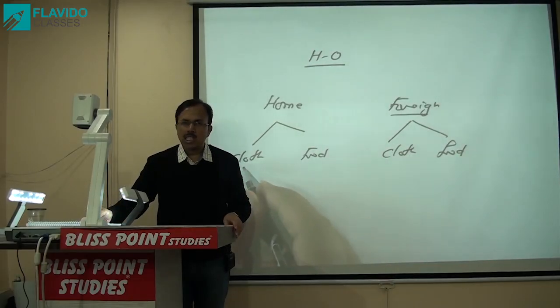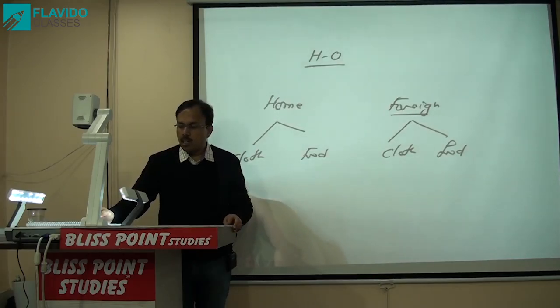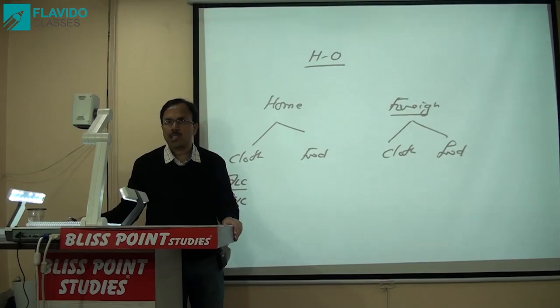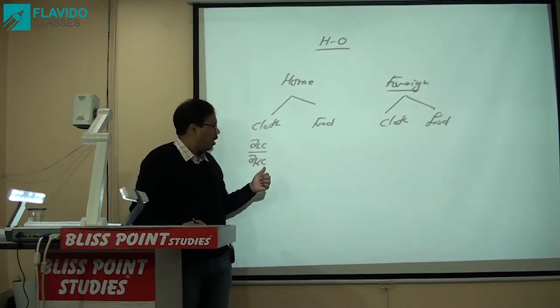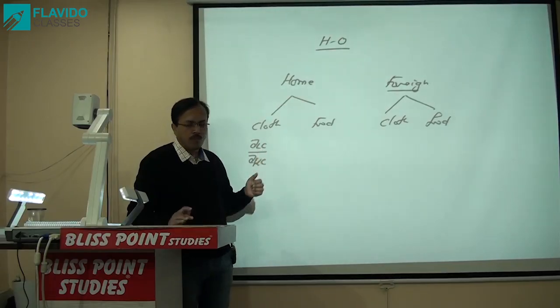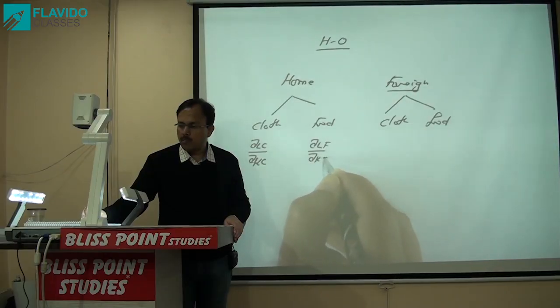If I say cloth is labor intensive, which means the labor to capital ratio used in the production of cloth, you can rate this as unit labor requirement or unit labor used, labor to capital ratio used in the production of cloth and labor to capital ratio used in the production of food.